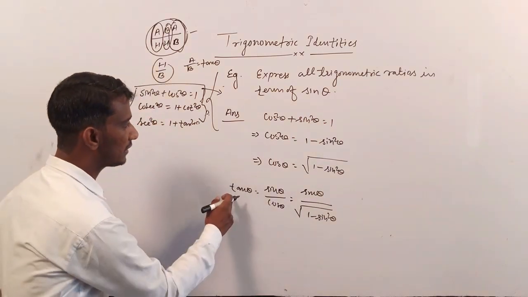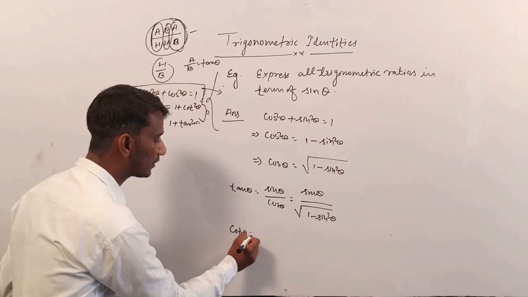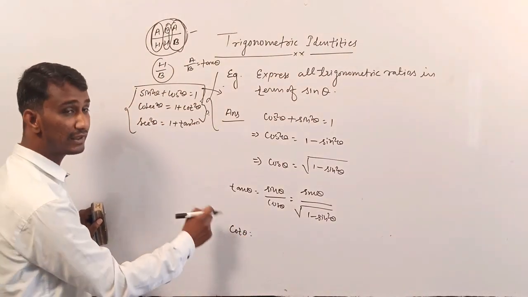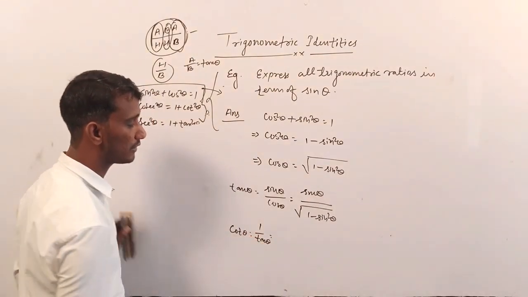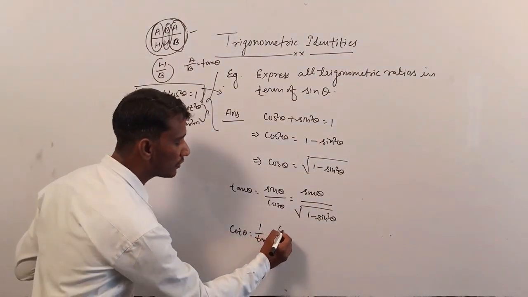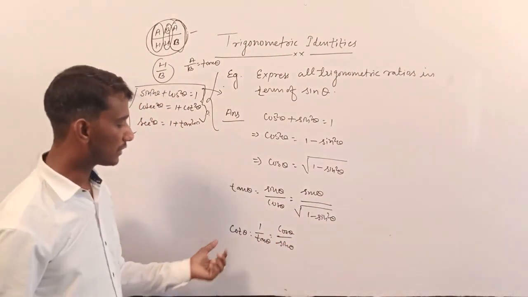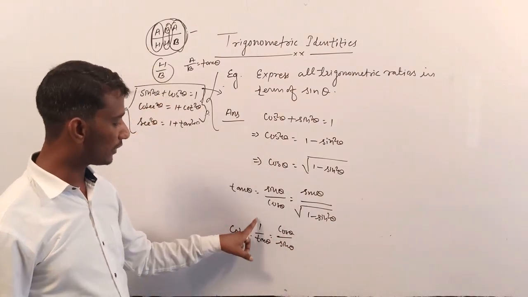Next after sin and tan is cot. Dear student, this is very important. As I told you in earlier classes, cot is the reciprocal of tan. Similarly, you can write cot as cos theta upon sin theta, or you can write 1 upon tan theta.